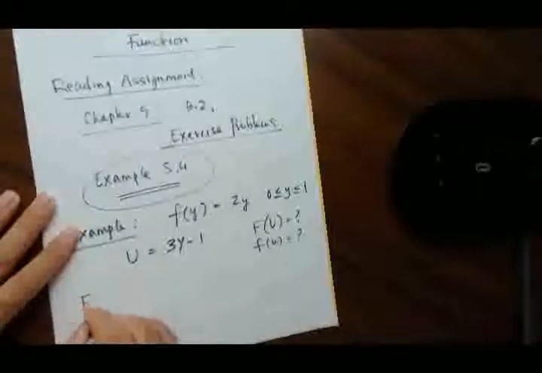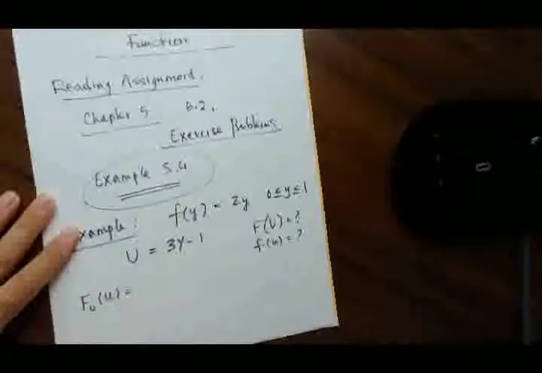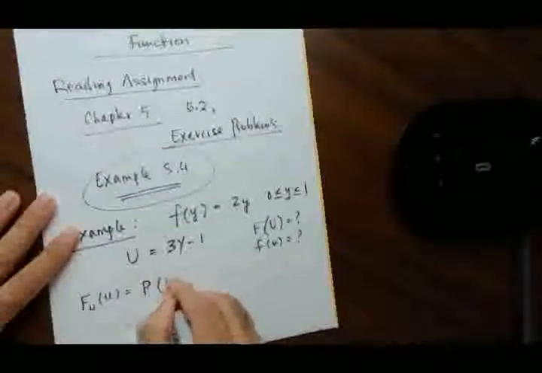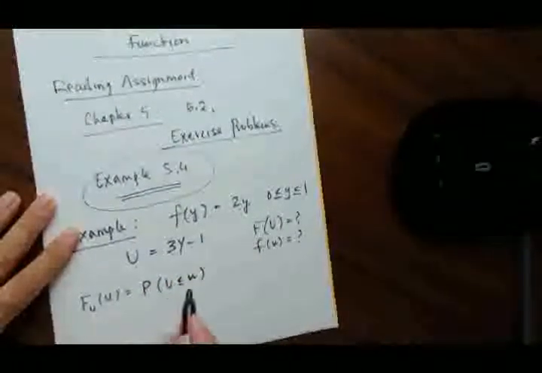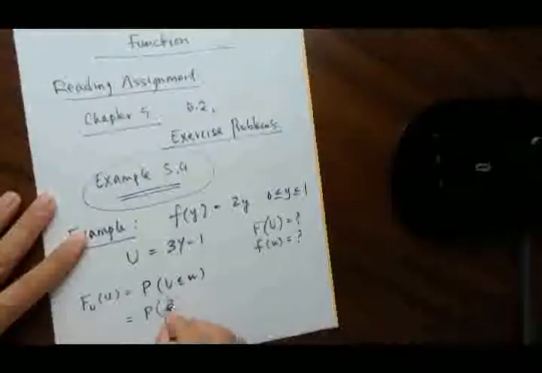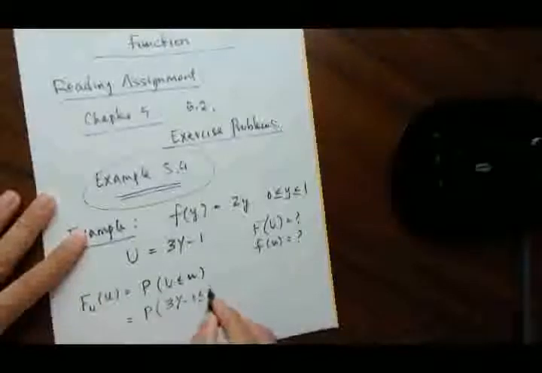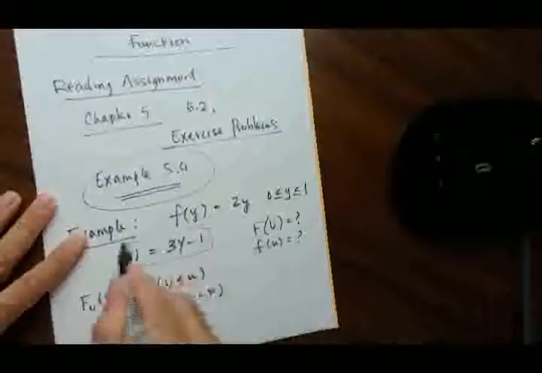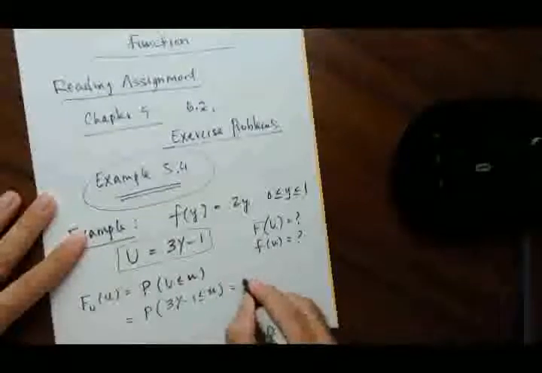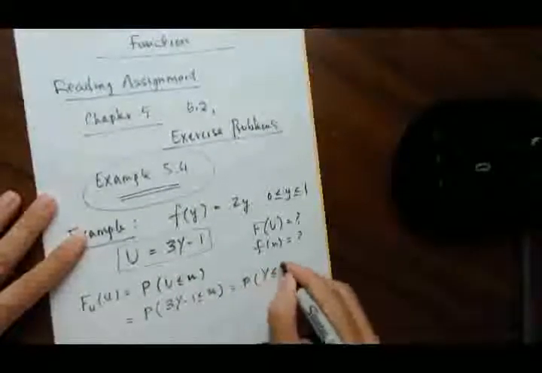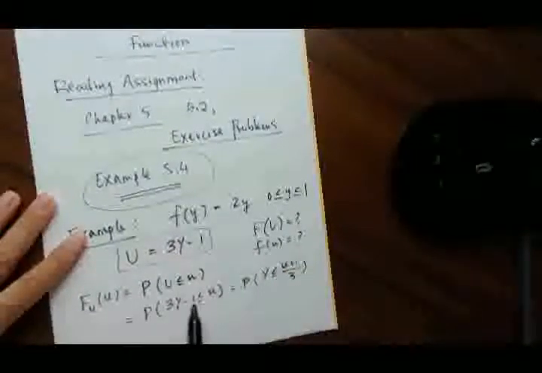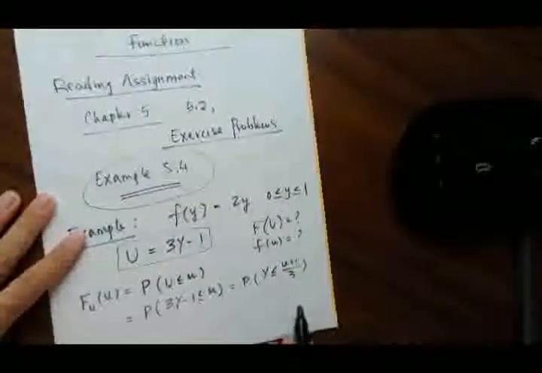To figure that out, we use the definition of a distribution function, which you should know from probability: probability that capital U is less than or equal to small u. I'm replacing capital U by 3Y minus 1, since that is the relationship between U and Y. And I'm changing this to capital Y less than or equal to (u plus 1) divided by 3.